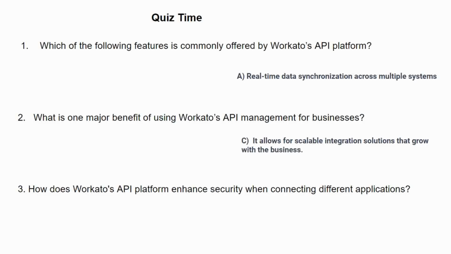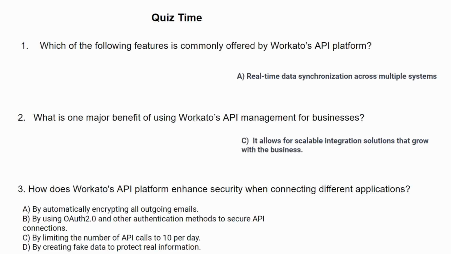The last question is, how does Workato's API platform enhance security when connecting different applications? Options are: by automatically creating and encrypting all outgoing emails; by using OAuth 2.0 and other authentication methods to secure API connections; third, by limiting the number of API calls to 10 per day; and fourth, by creating fake data to protect real information.